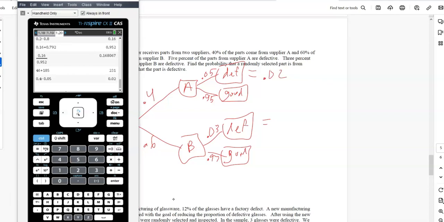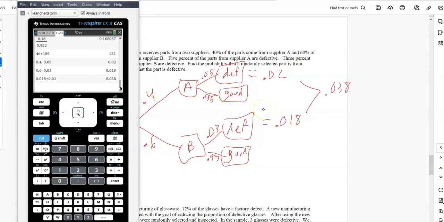Second defective is 0.6 times 0.03, which is 0.018. If you add up those 2 numbers, you get 0.038.